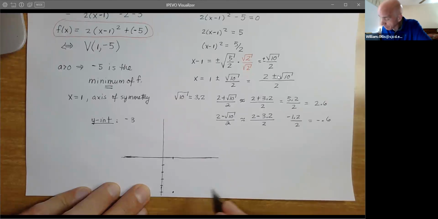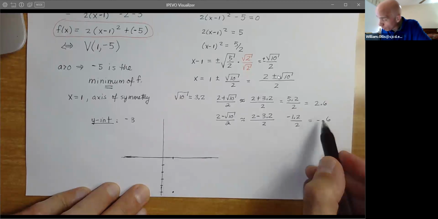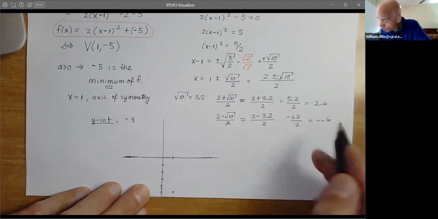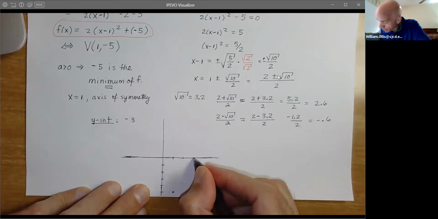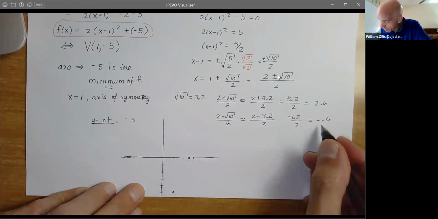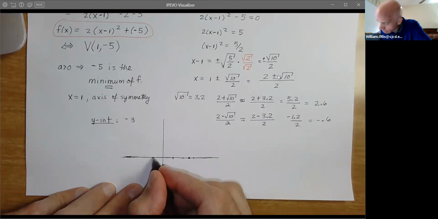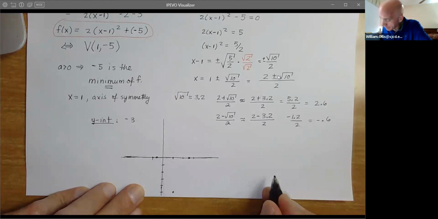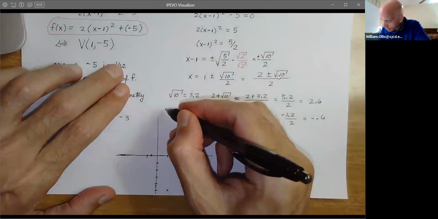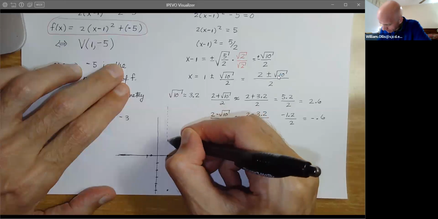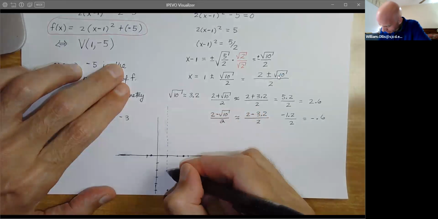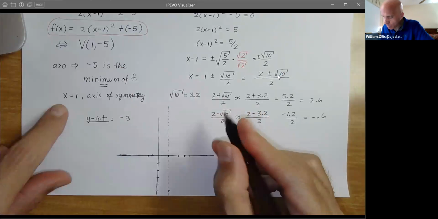There's my vertex. And then now we'll go with the 2.6. So 1, 2, 3, about right here. And then we'll go with the negative. So 1, 2, right here. And then we can dot in the axis of symmetry, which is x equals 1.